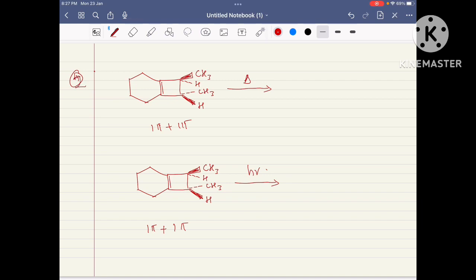Consider the second example here. There are 2 pi bonds here. 2 pi bonds means a 4 pi electron system plus thermal condition. You know that you have to do the conrotatory. Before that, we'll write the basic product. This will shift here.